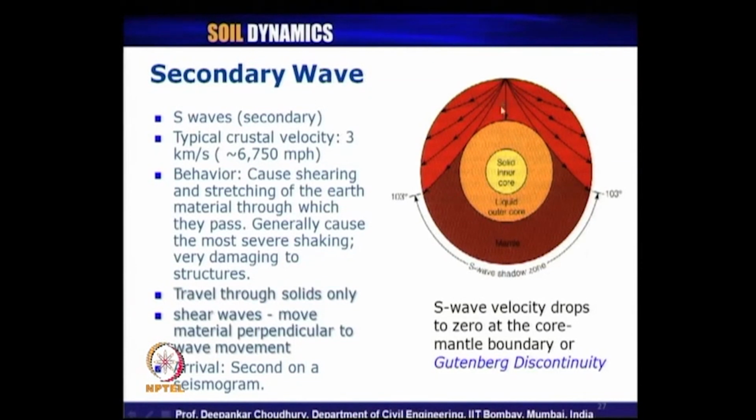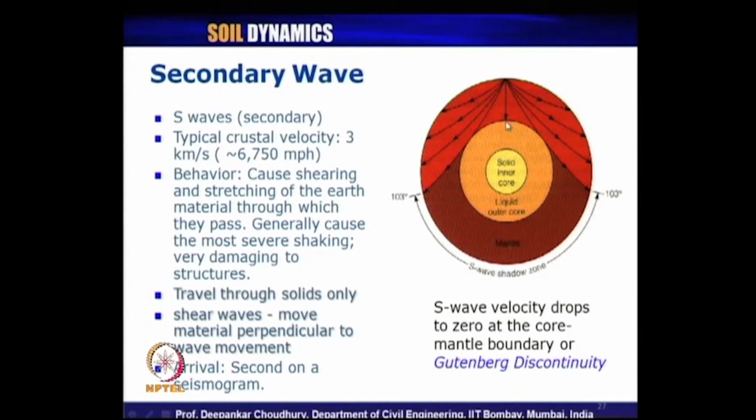Why is it so? The S wave traveling through the mantle is fine, because the mantle is mostly solid material. When it travels in this direction and hits the boundary of the mantle and the outer core, what is the outer core? I have explained, it is basically a molten liquid, a fluid state.